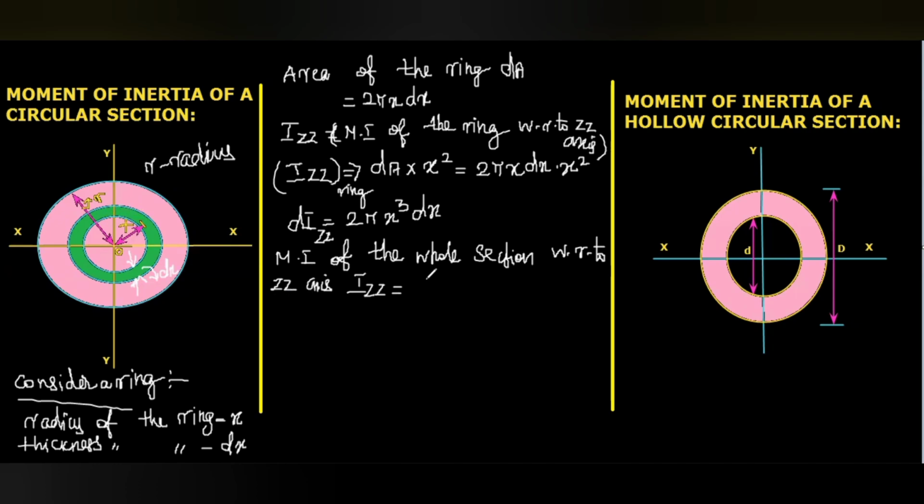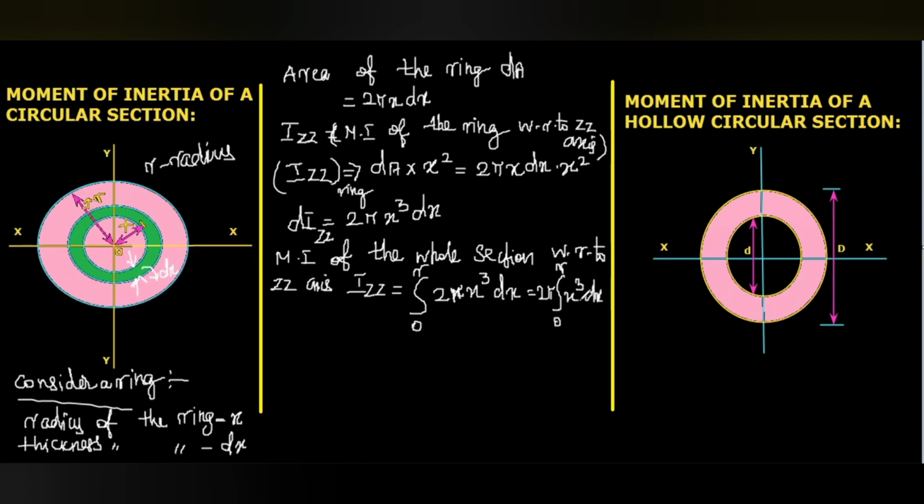Okay, so integral of 2 pi x cube dx from 0 to the radius. Here 2 pi is a constant that we can take outside. Integral of x cube dx from 0 to r.